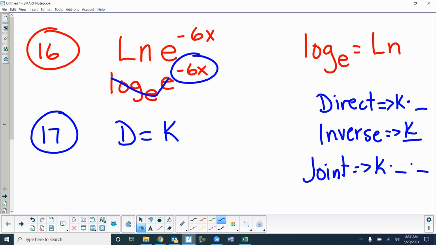All right? So this says distance varies directly as time, so K times T would be our little equation from that. Okay? But the speed of sound in air is about 335 feet per second. So they actually, in this problem, gave you the K value.